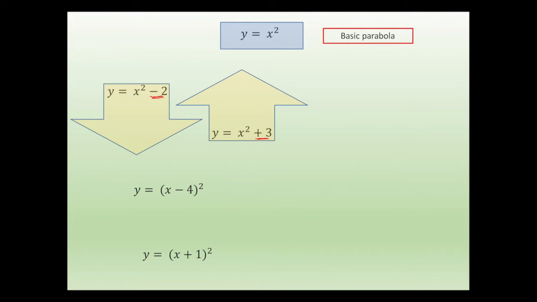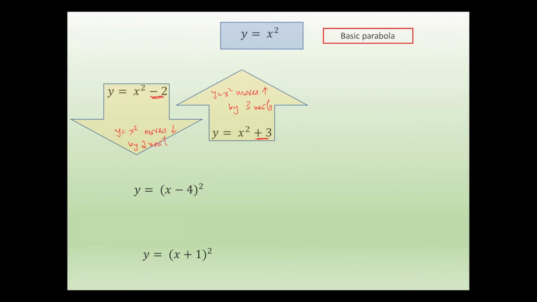If you take away 2 or any constant, it is moved down by that many units. So here, y equals x squared moves down by 2 units, whereas this one, y equals x squared, moves up by 3 units.